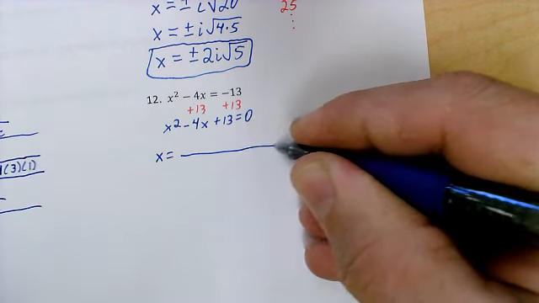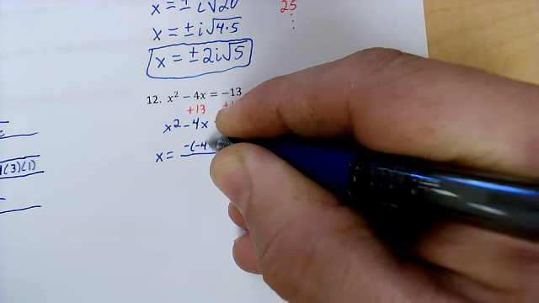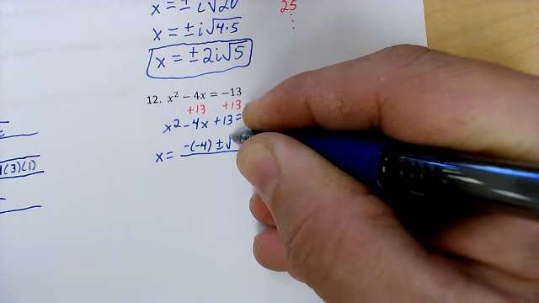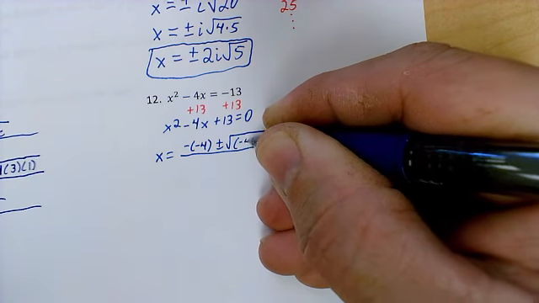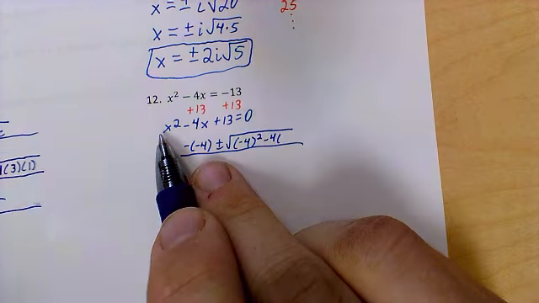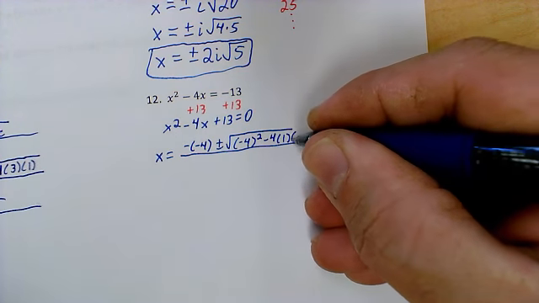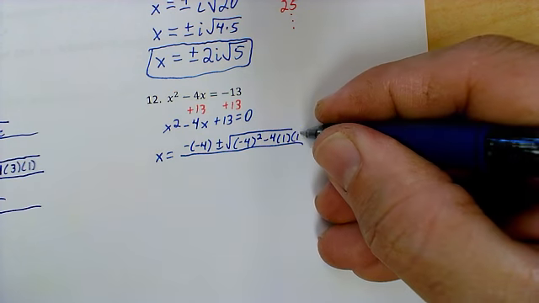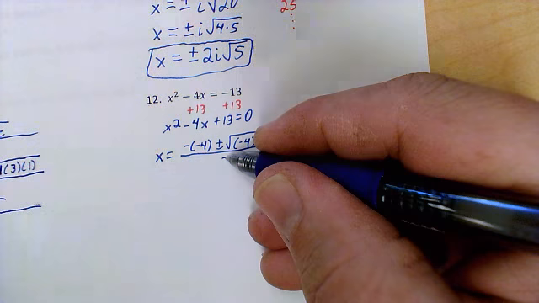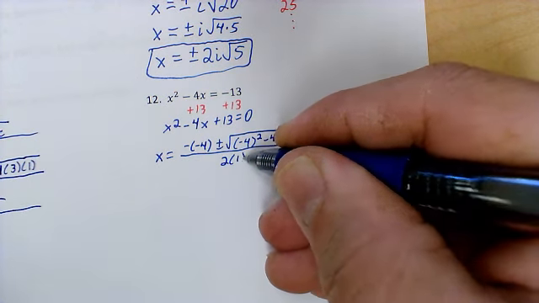X equals negative b, which is negative 4, plus or minus the square root of b squared minus 4 times a, my a value is 1 here since nothing was written, times c, which is 13, all over 2 times 1, my a value.